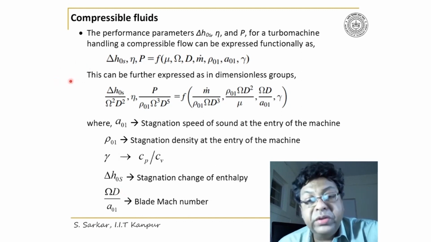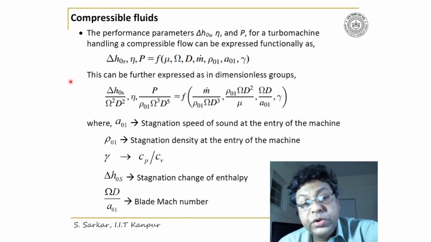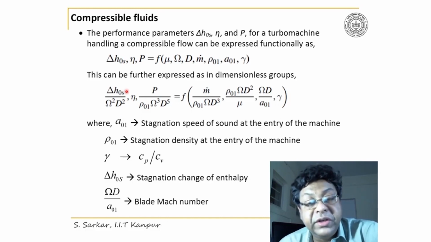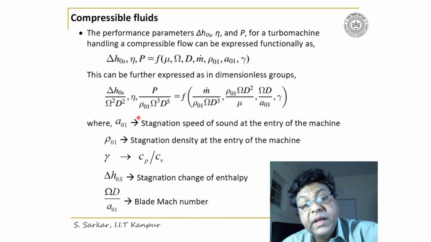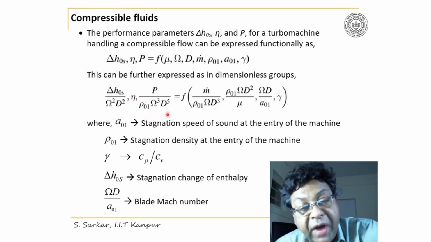Now, if we carry out the dimensional analysis, this enthalpy, eta and P can be expressed as non-dimensional groups such as del H0s divided by omega square d square, which represents the psi, eta, and the power coefficient, which is equal to P divided by rho 01 omega cube d to the power 5.